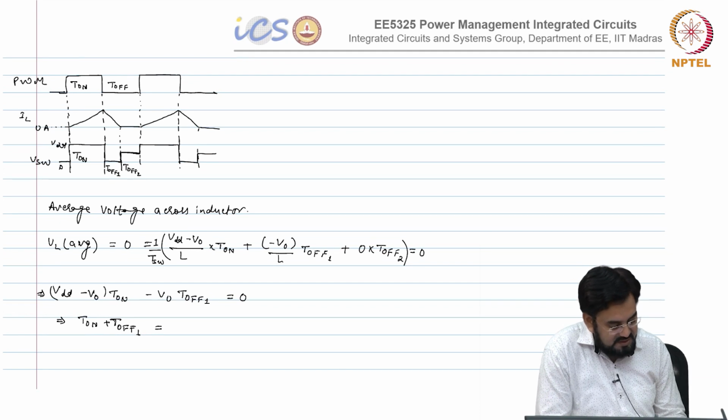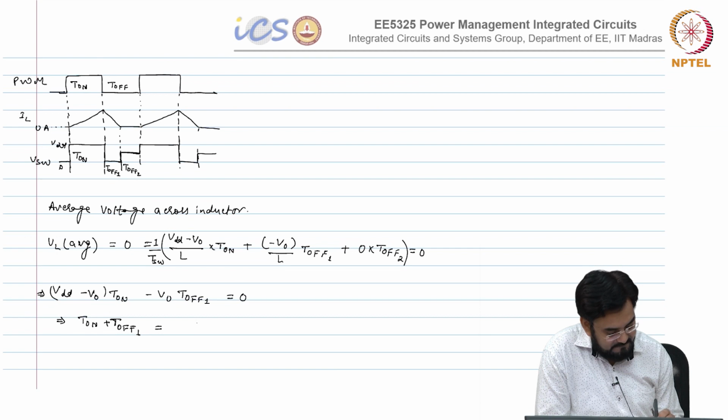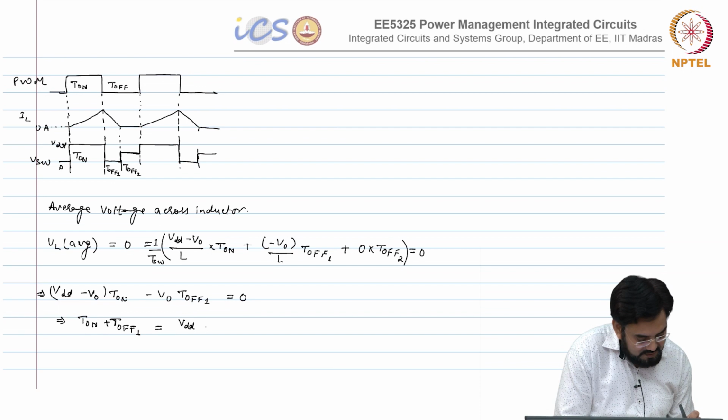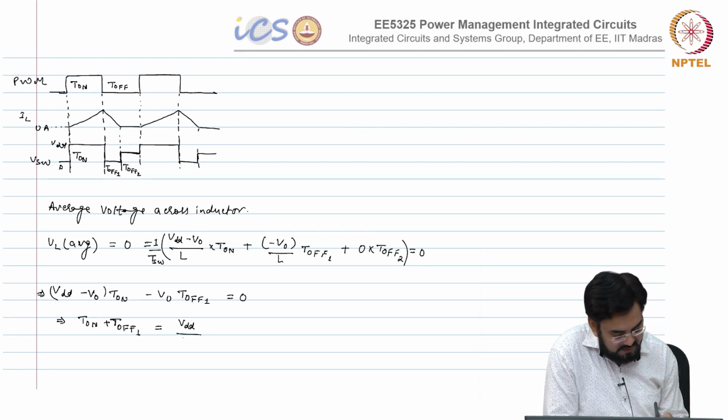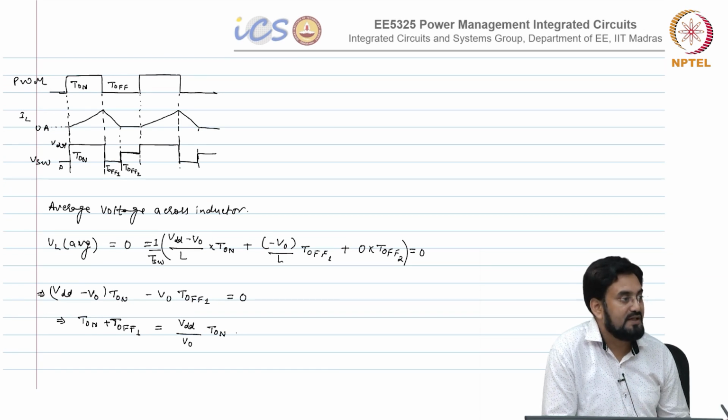So what is T on plus T off 1 from this? VDD by, and what else? T on, correct.